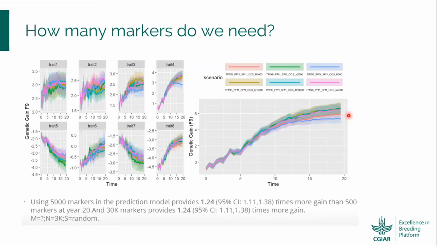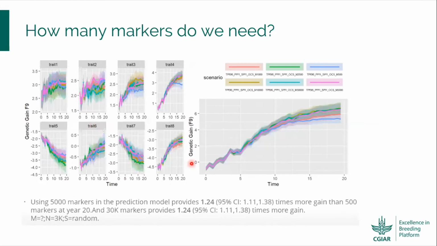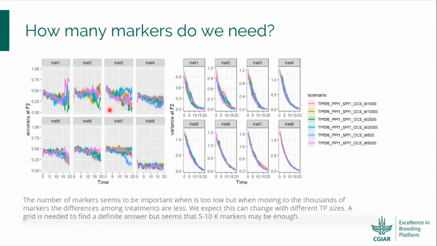And when we look at a closer reason why this is happening, instead of looking at the genetic gain per trait or across the index, we could look also at the accuracy that we are reaching at the F2s. Basically, we could see that for certain traits, for the lower density panels, let's say 500 and 1,000, we were breaking the accuracy in the model.